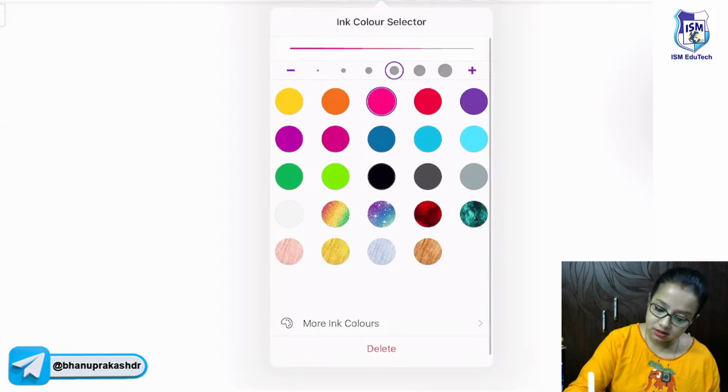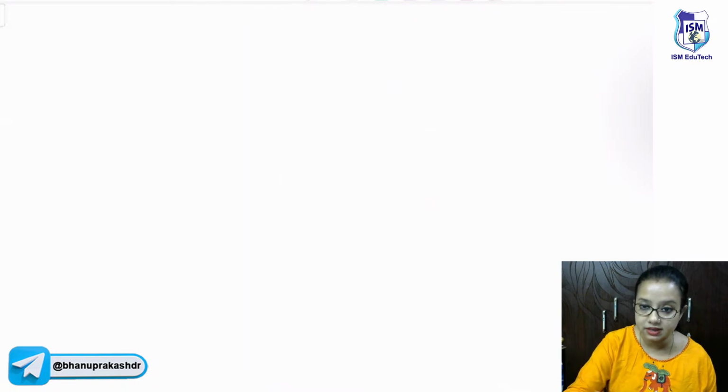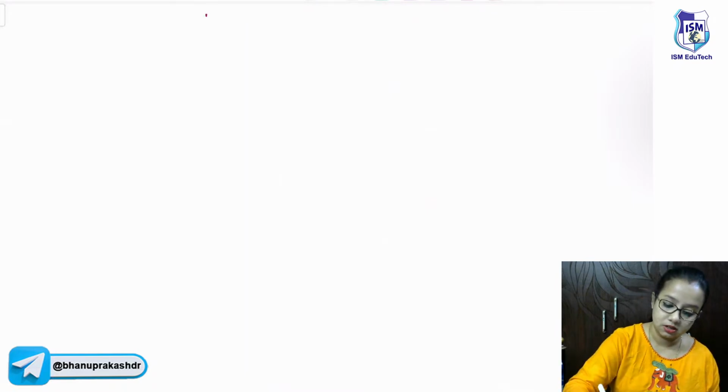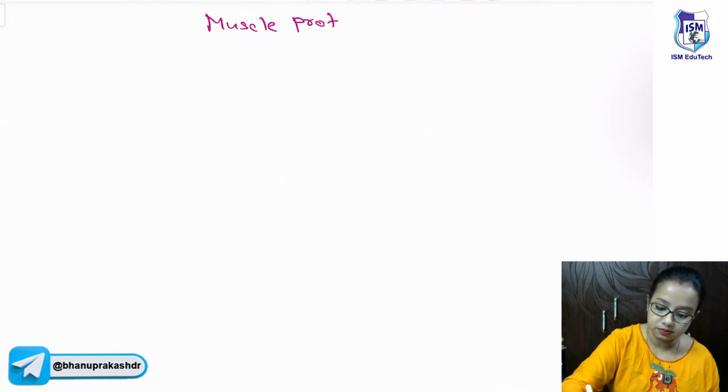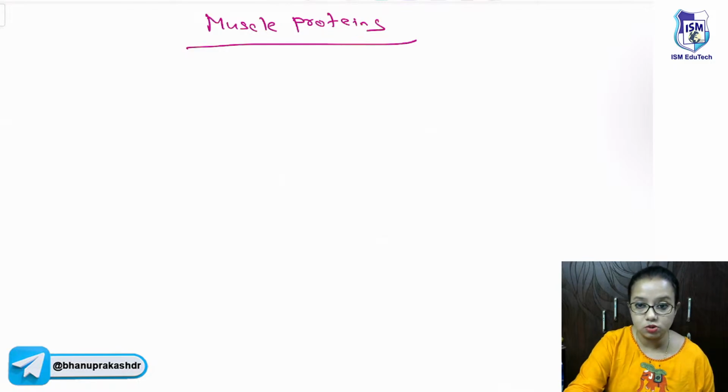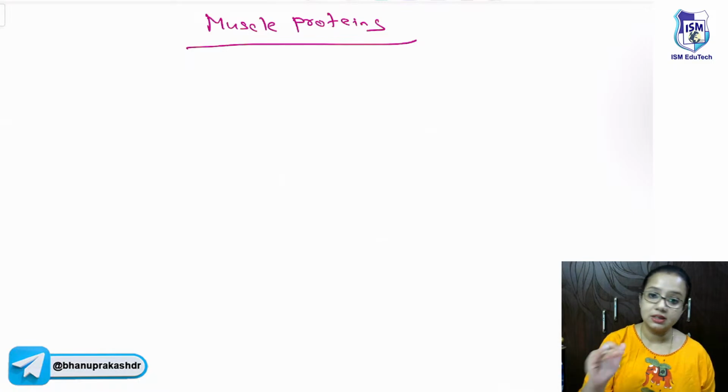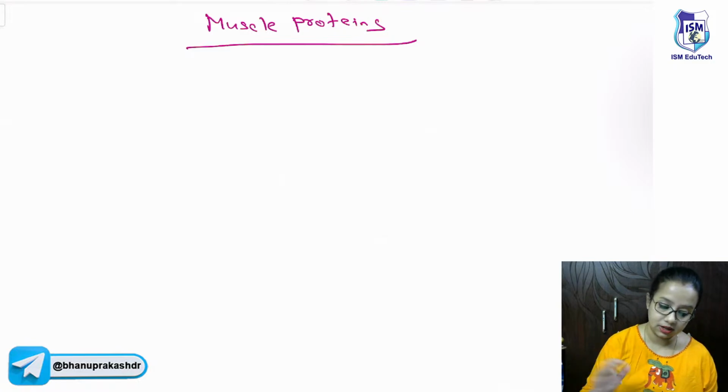The muscle fiber is made up of various muscle proteins. So what are the muscle proteins? Now, muscle proteins, depending on their function and location, are divided into four types.